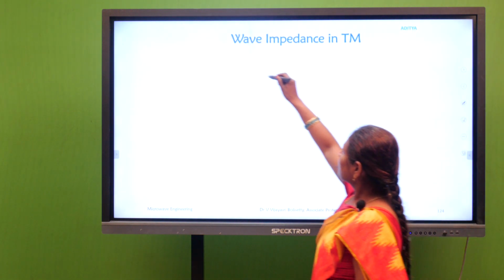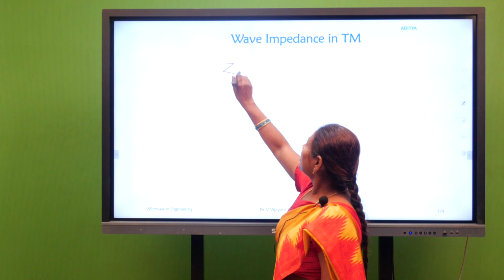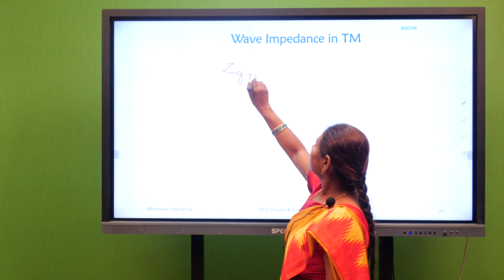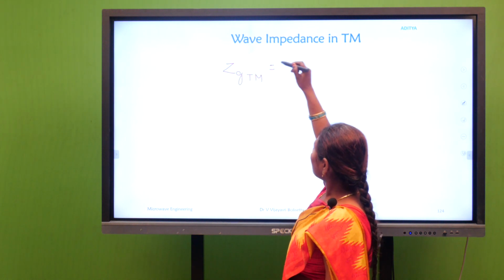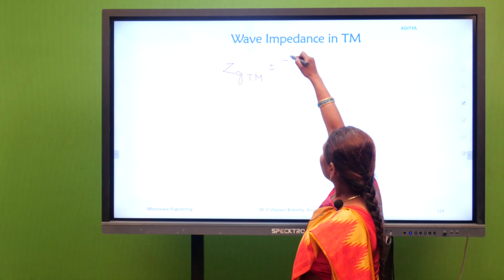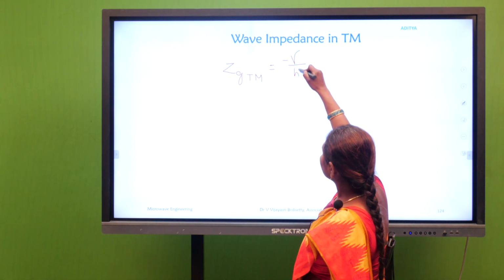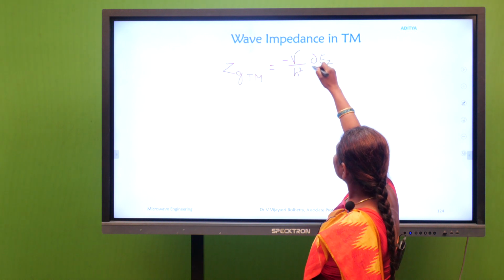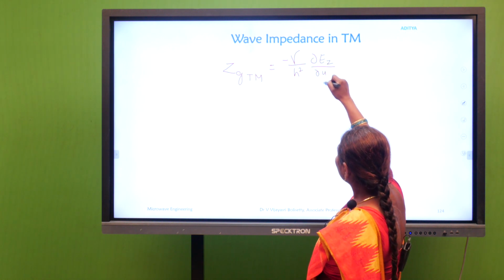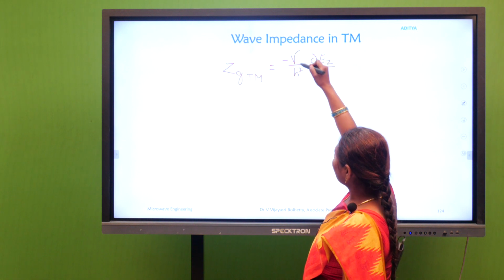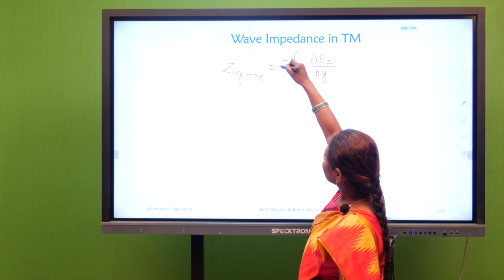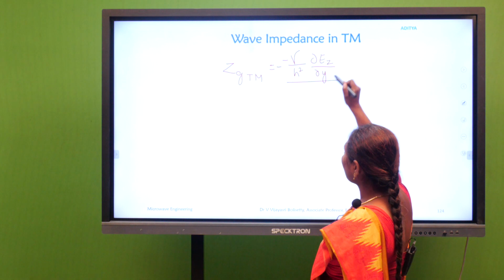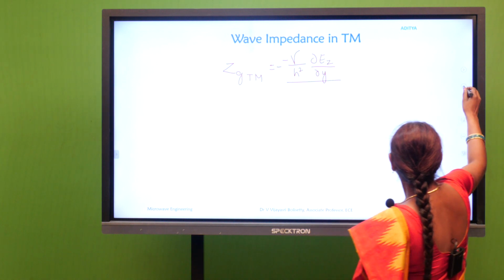So, we are going to get the Zg in TM is equal to minus gamma by h square dou Ez by dou y. Actually this is Ey, and here we have another minus Ey by Hx.